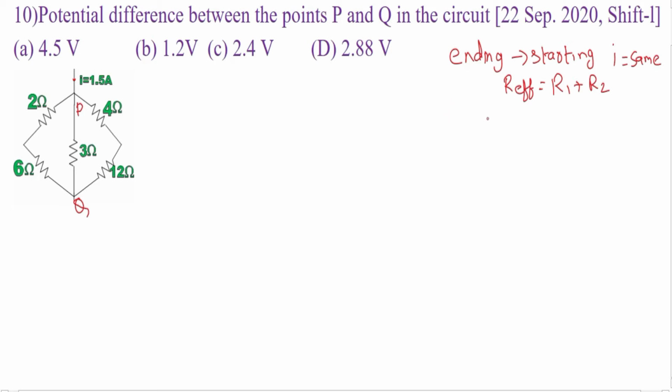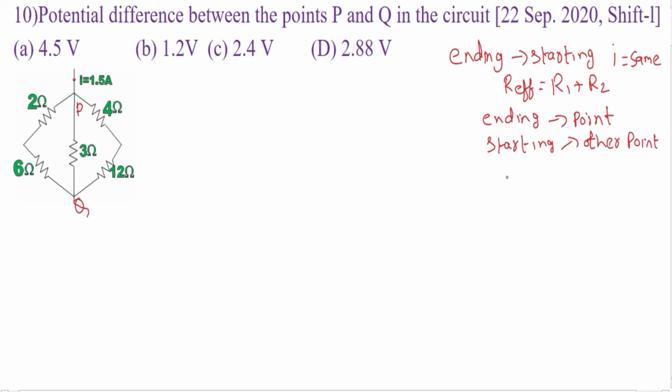Next, when will you say that two resistors are connected in parallel? We'll say that two resistors are connected in parallel if the endings of the two resistors are connected to one point, and similarly the startings of the two resistors are connected to another point.